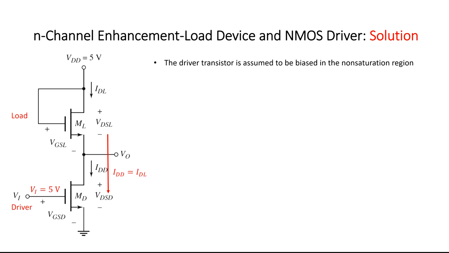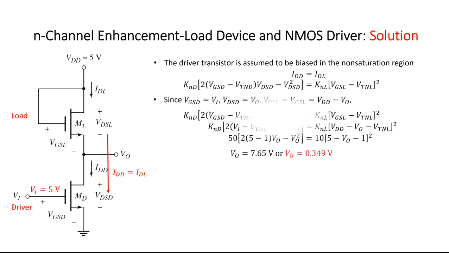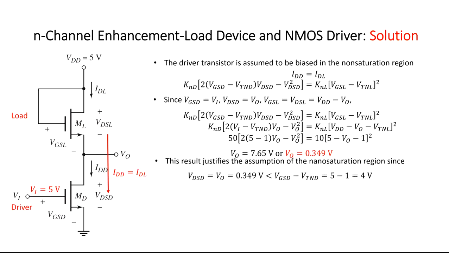Then, by following the sum of equal voltage pairs, the output voltage is found. This result also justifies that the driver transistor is biased in the non-saturation region. Finally, the current is given.